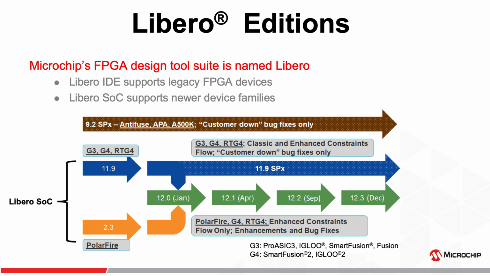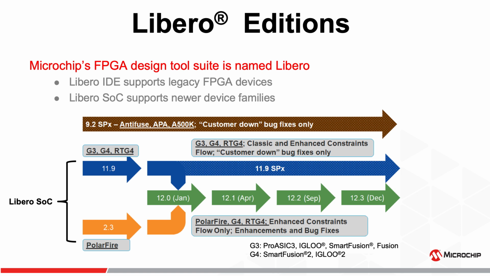It also supports the G4 family. G4 means the SmartFusion2 and Igloo 2 families. And it supports the RTG4 family. For this branch, there are no new enhancements and features. We only do bug fixes with the service packs.